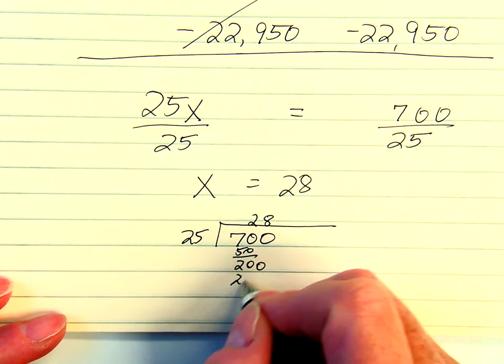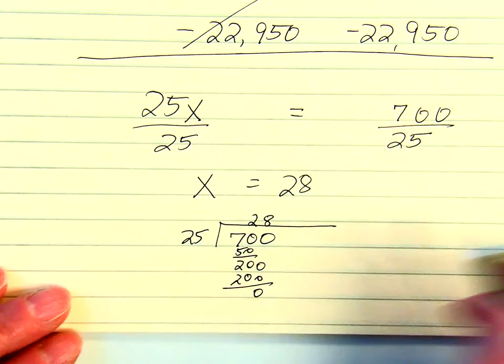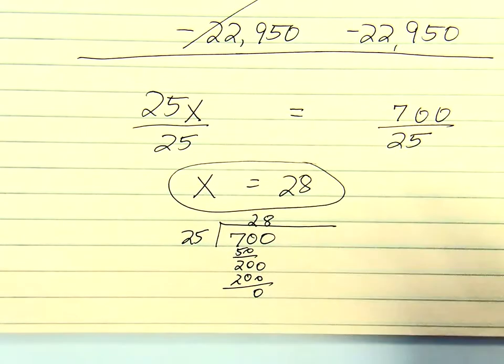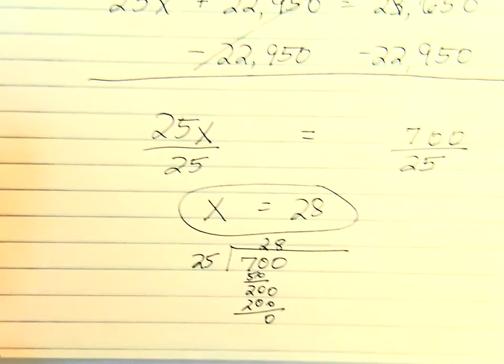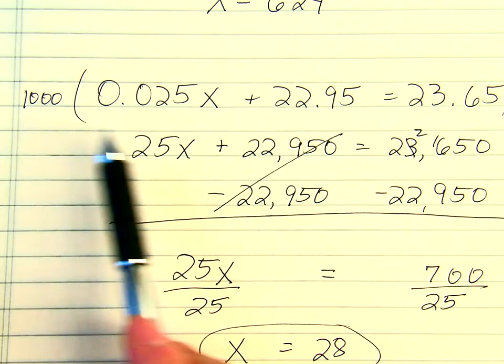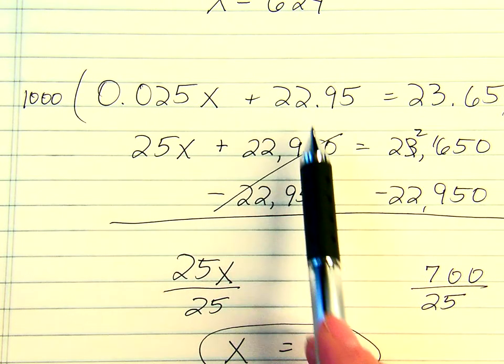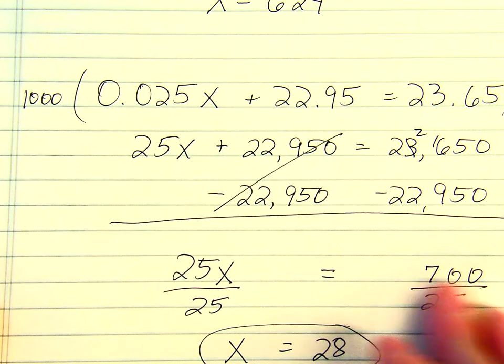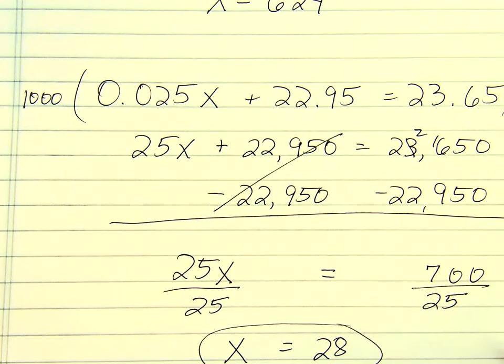And so there I have my 28. So x is equal to 28. The important thing to remember here is to multiply times the power of 10 that will get rid of all of your decimals.